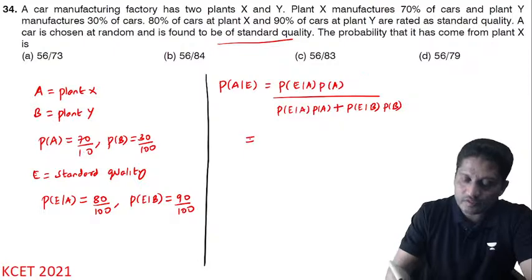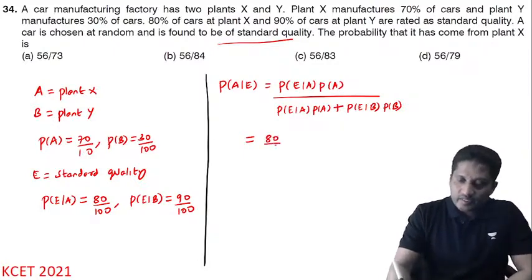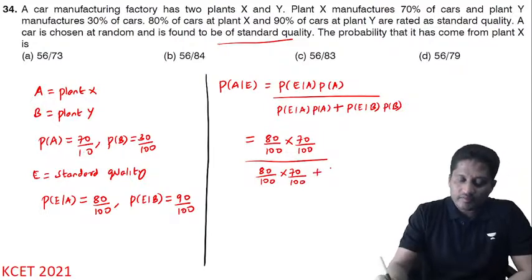Okay, I'll substitute the values. E given A is 80 by 100 into P of A, which is 70 by 100. Again, this is equal to 80 by 100 into 70 by 100, plus E given B is 90 by 100 into probability of B, which is 30 by 100.